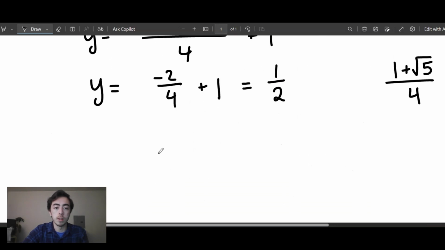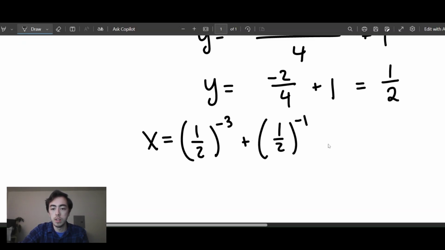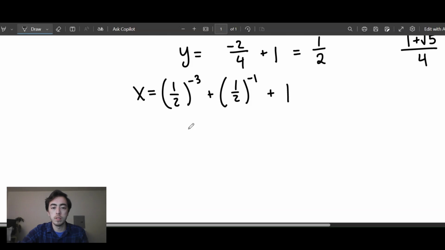So that means x is now equal to 1/2 to the negative 3 plus 1/2 to the negative 1 plus 1. Now, working with these fractions and these negative exponents, I like to just get rid of negative exponents as soon as I can.